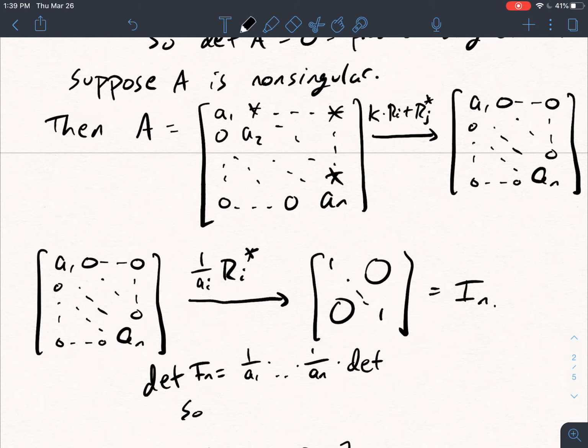The determinant of the new thing, which is the identity matrix, is equal to multiplying by all of these 1 over a_i's times the determinant of my previous matrix. Since the determinant of the identity matrix is 1, I can conclude, by multiplying by a_1 through a_n on both sides, that the determinant of A is just equal to a_1 times through a_n, which is the product of its diagonal entries. And now we're good.